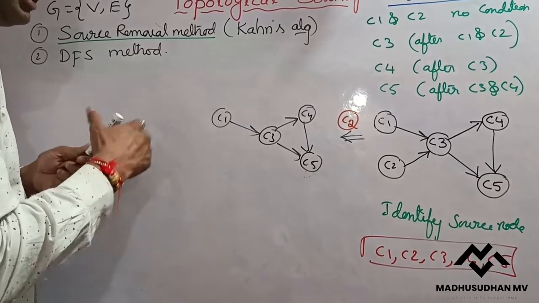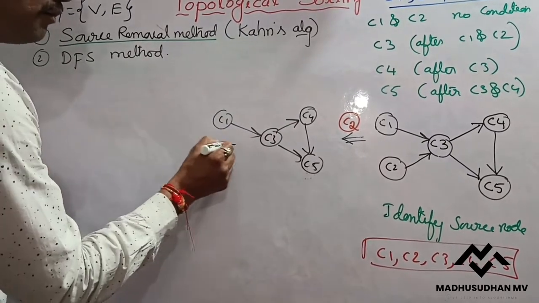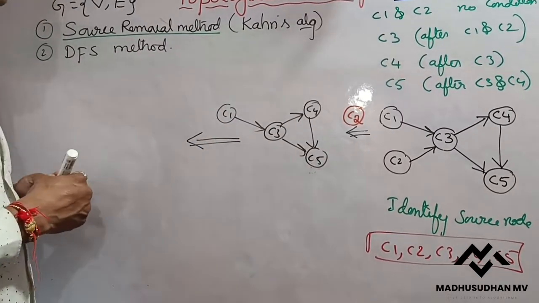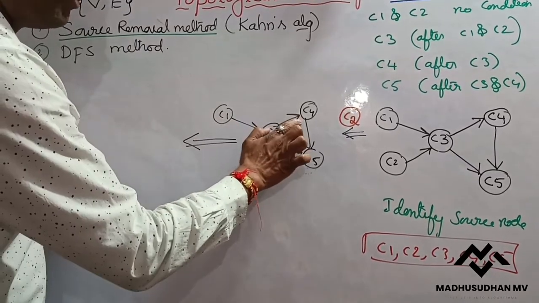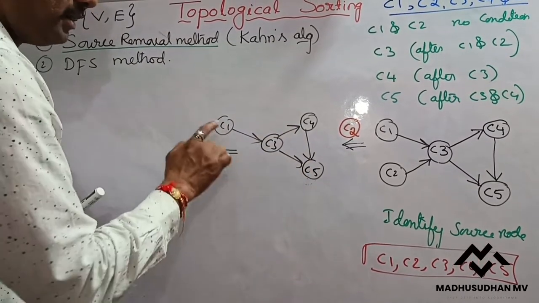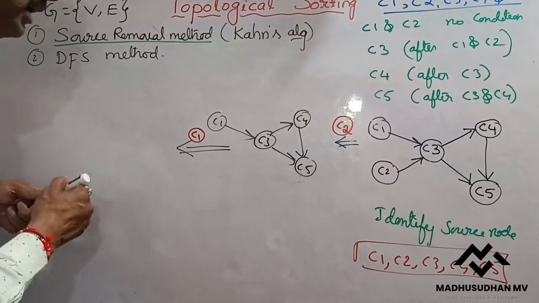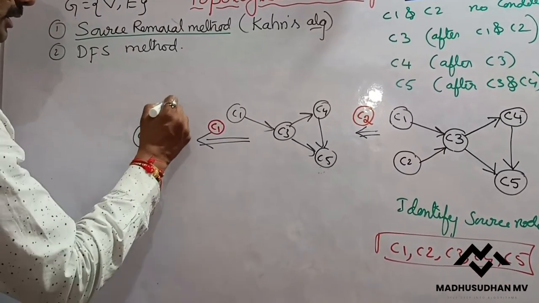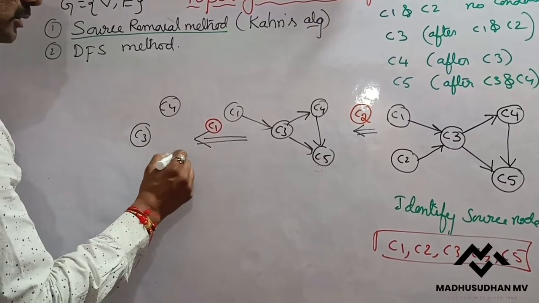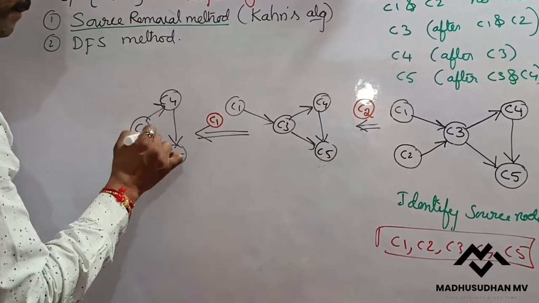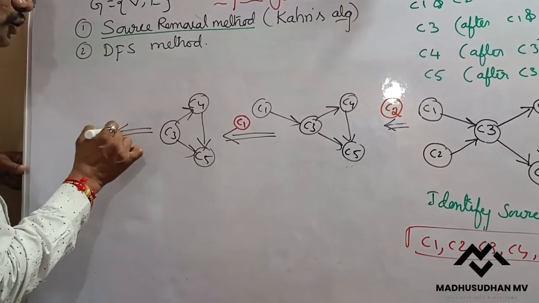Now again identify the source node. Which is the node not having any incoming edges? See, it has 1, it has 2, it has 1. This has 0. So if I now remove C1, my resultant graph will be C3, C4, C5. Now again identify your source node.